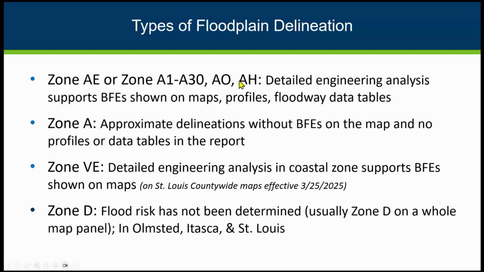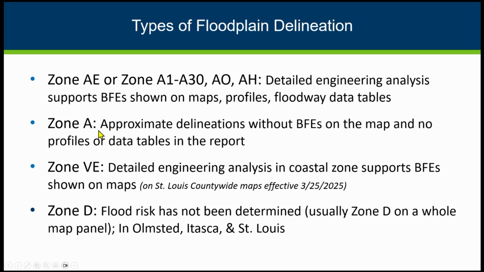And we treat those differently. If you have any AO zones, we'll want to talk with you separately about how to regulate those areas. And AH are more of a basin, kind of a hole in the ground. They do have elevations on the FEMA maps. The zone A's we refer to as approximate zones.